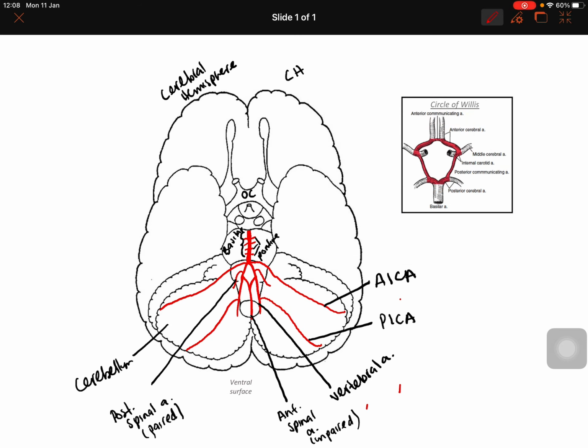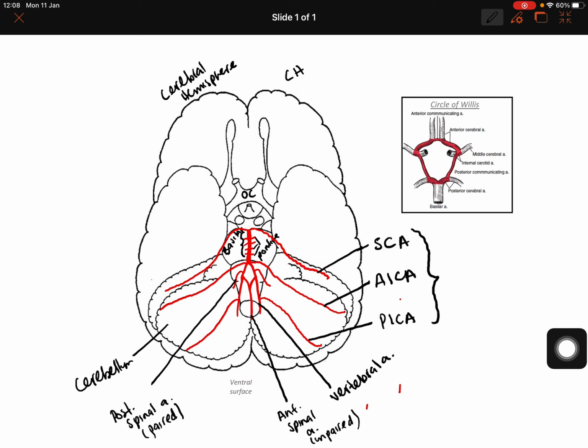Now that we're reaching the top of the basilar artery, we can draw the third pair of cerebellar arteries. These go on to supply its superior surface, so we are going to call them superior cerebellar arteries, again one on each side.